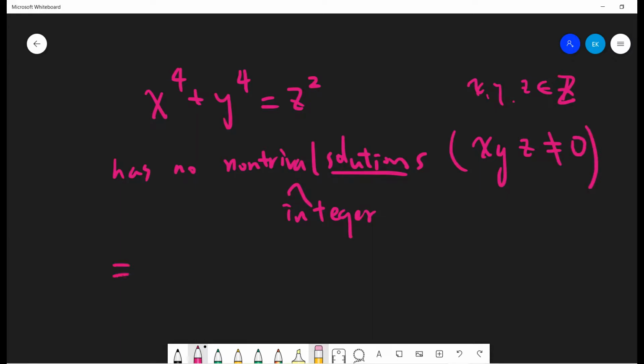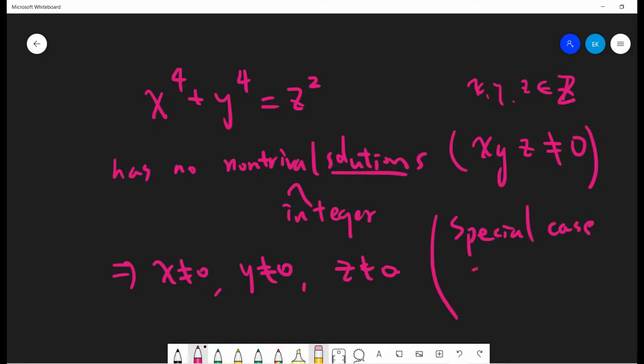So x non-zero, y non-zero, z non-zero. This is obviously a special case of Fermat's last theorem for n equals 4.